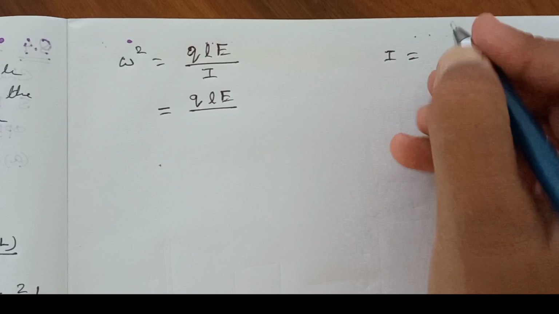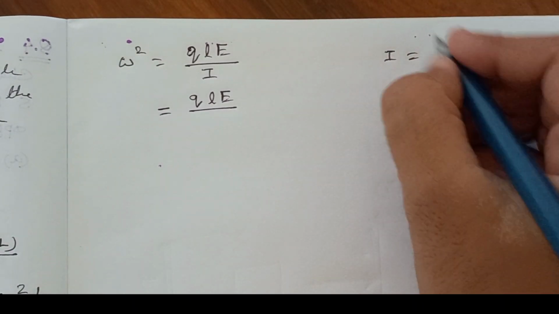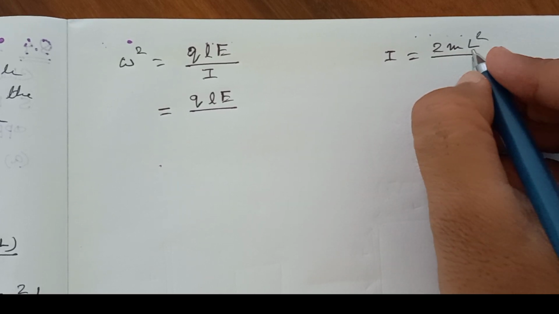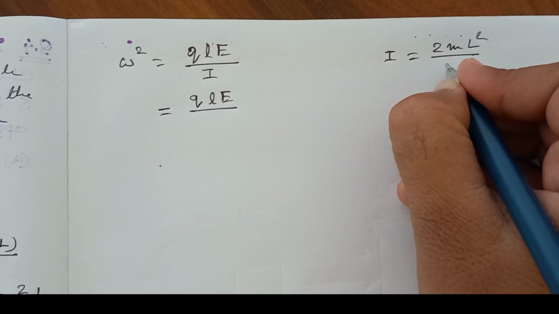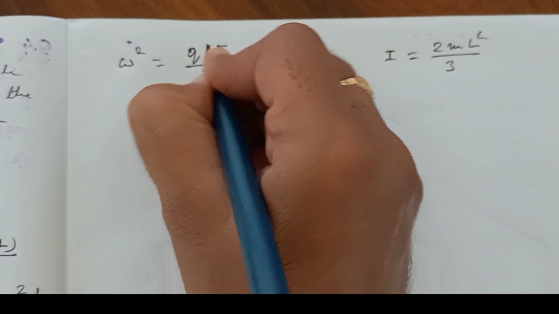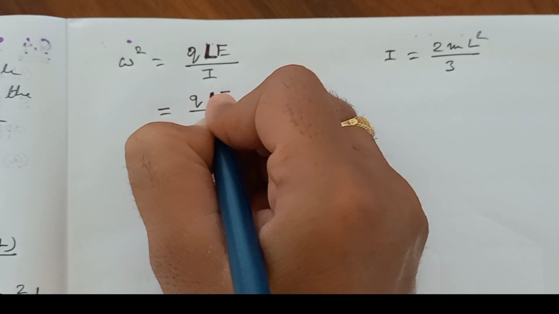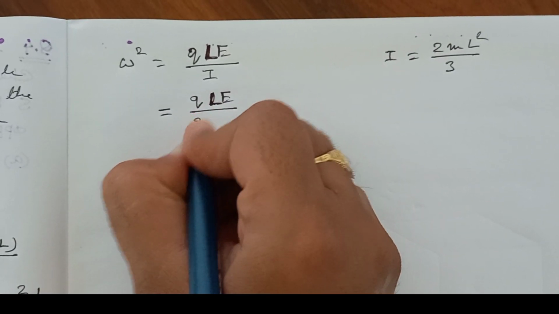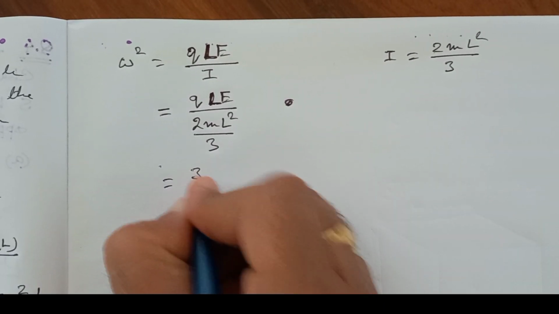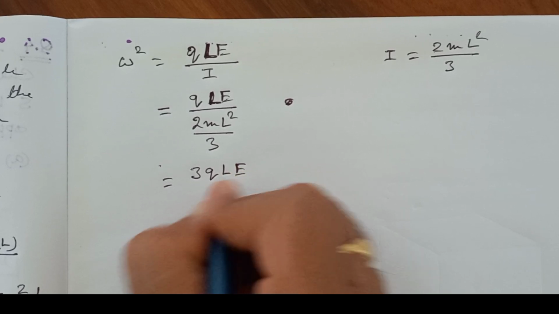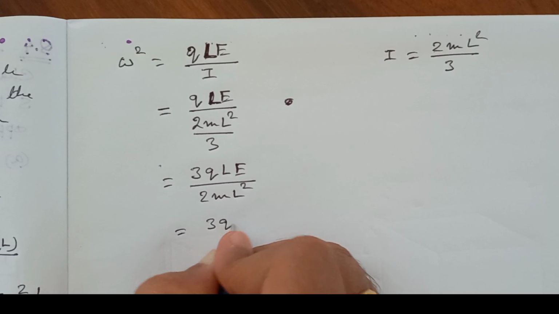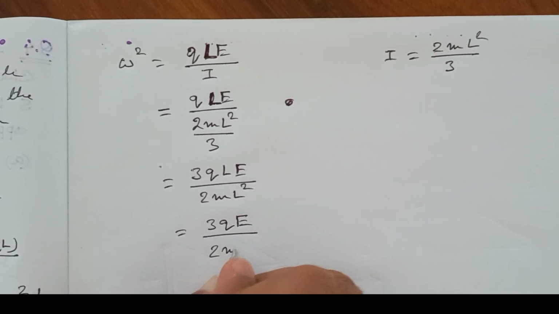I is equal to, we already derived, 2m L square by 3. This is capital L. So omega square is equal to 3qLE by 2mL square, is equal to 3qE by 2mL.